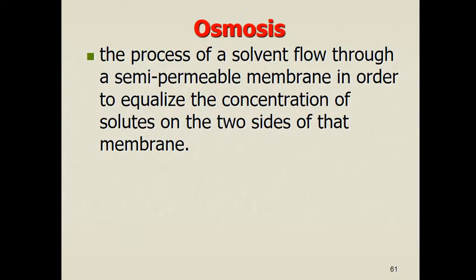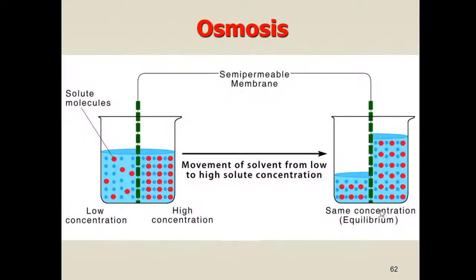It seems the same as diffusion, and it really is. It's diffusion, but through a semi-permeable membrane, where only solvent molecules can pass through. So take a look at what happens. If there is no membrane between lower and higher concentration solutions, there will be two-sided diffusion.